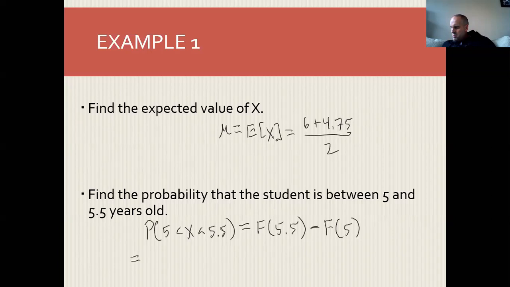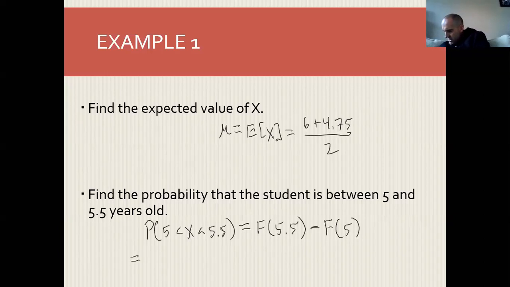And what would that be equal to? Well, again, remember, we're between 4.75 and 6. So I would use that second definition in that piecewise defined thing. So what would happen there is it would be x minus a over b minus a. A here is 4.75.